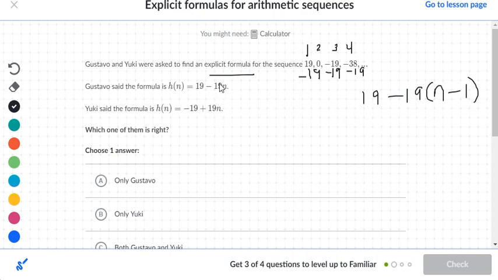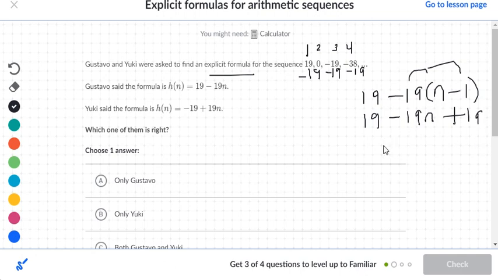Now that really doesn't match there, so let's do this. Let's go ahead and distribute the negative 19. So we would have 19 here. This would become a negative 19n. And then a negative 19 times a negative 1 would be a positive 19. So let's assemble this together.